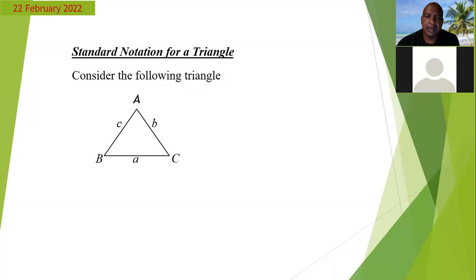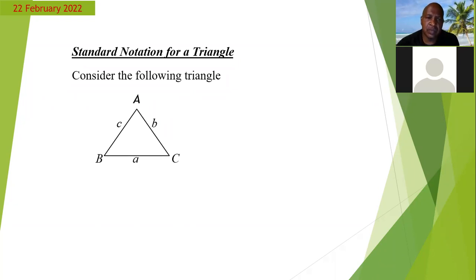So looking at this triangle, what you will notice is that at the point where two sides meet, we label those with capital letters. And those points where the two sides meet, we refer to as vertices, plural, and singular, vertex.